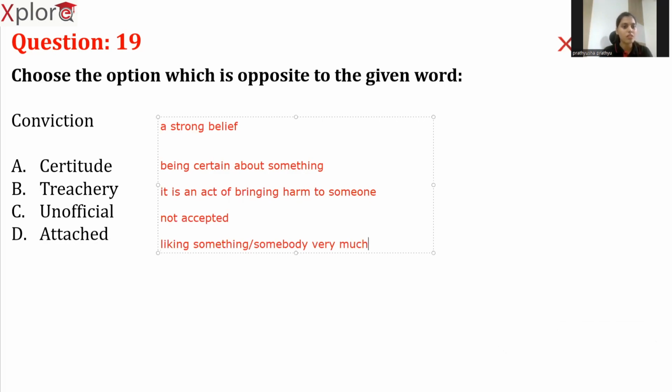So as you can see here, believing strongly someone or something, or bringing harm to someone whom you trust or who trusts you. Now, these both are opposites, right? So, based on the meanings, the right answer here is option B.